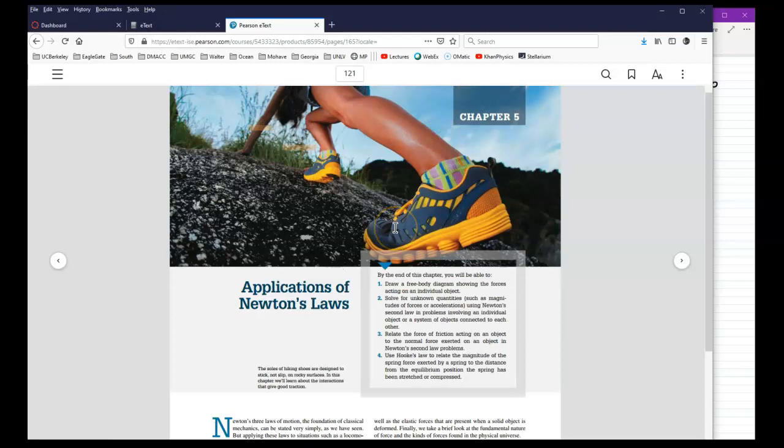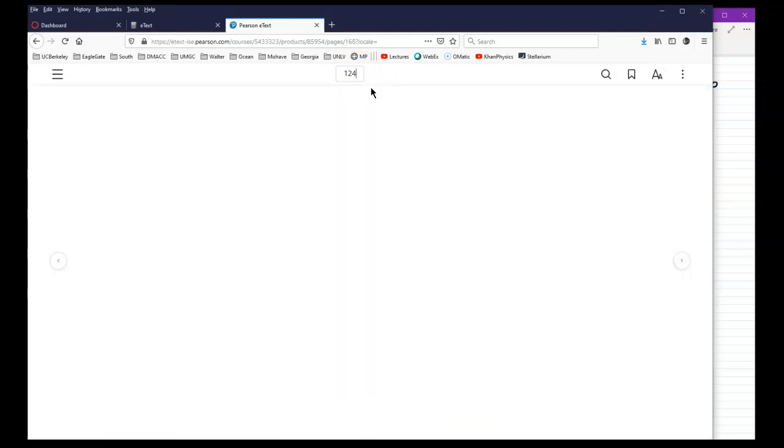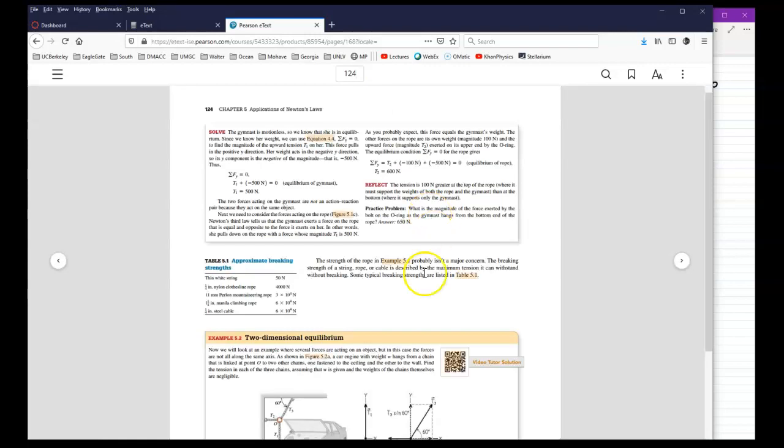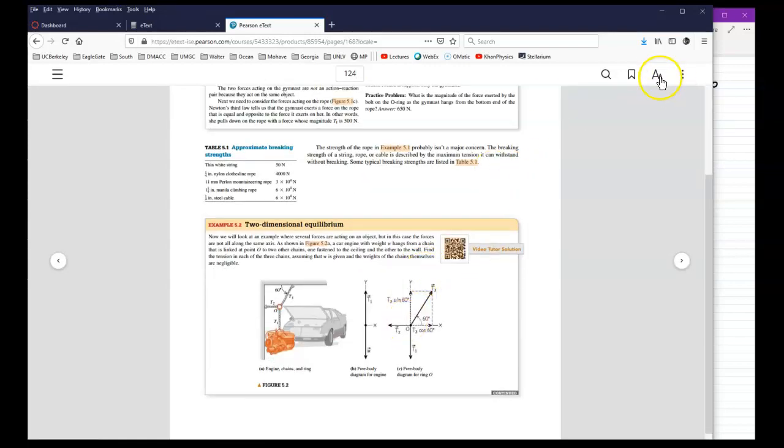Let me find it in the book and I'll tell you what page it is. 5.2 on page 124. Here it is right here. Let me make it bigger.